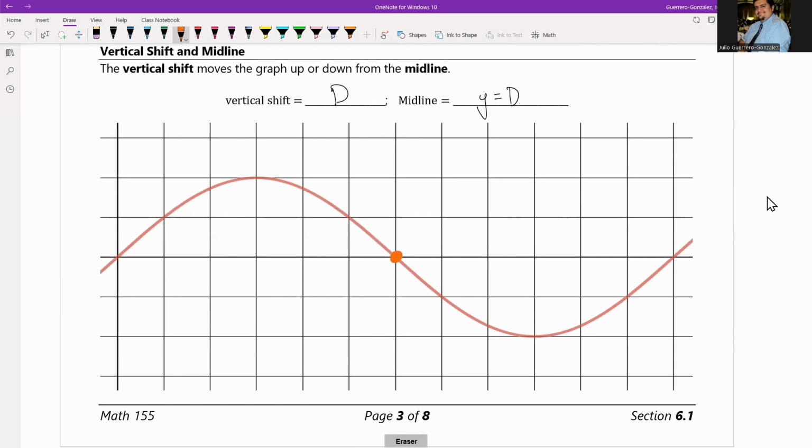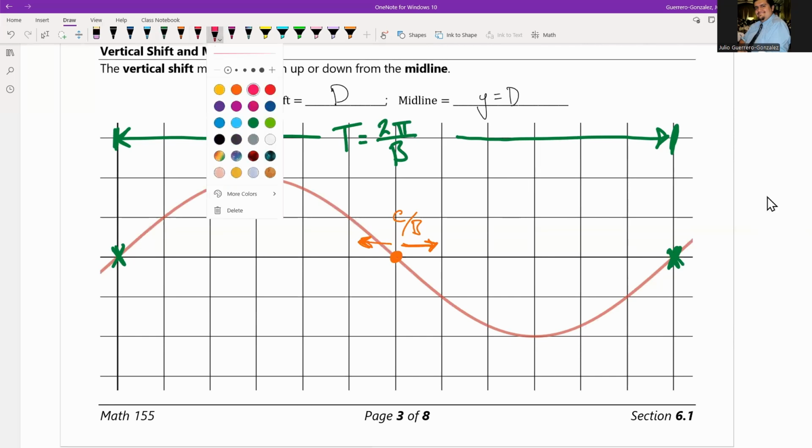The phase shift, the thing that grabs this graph and moves it left to right, is going to be C divided by B. When we want to know the distance from beginning to end before it starts to repeat, I'm talking about this distance right here, all the way out to here, that is given by the period, T, 2 pi over B. Got it? Okay.